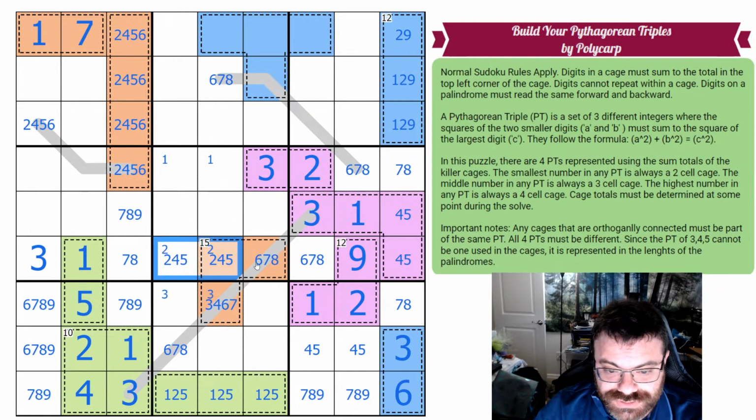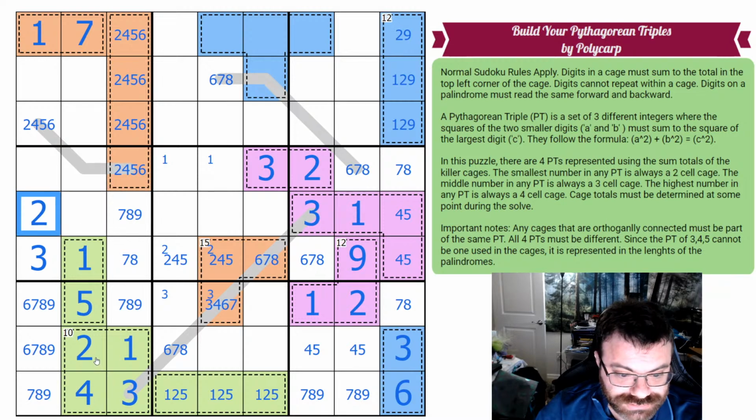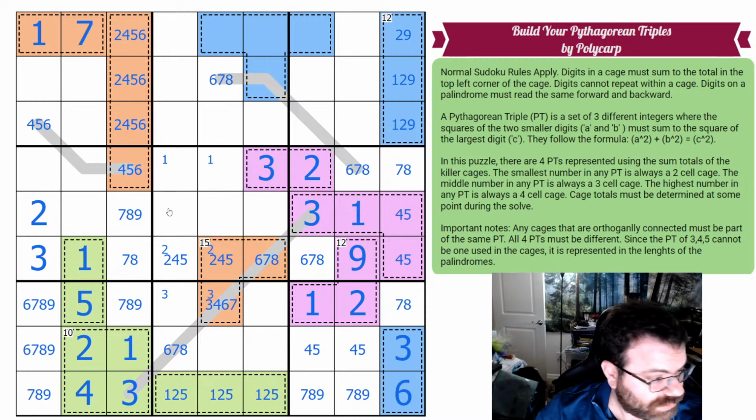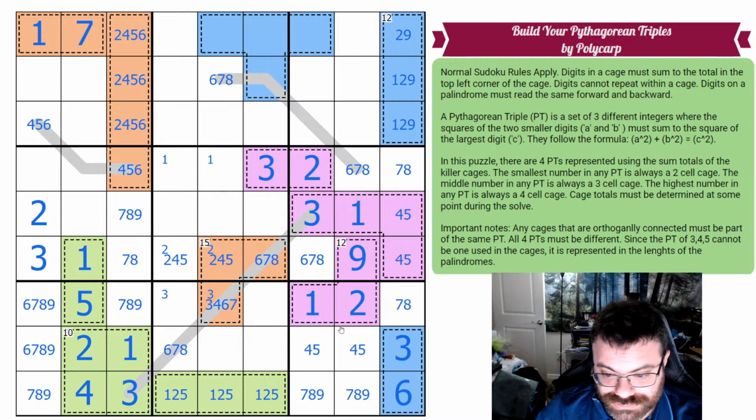So 2's in one of these two. And one of... Oh, actually we can place a 2 in this box now. It goes here. So this is not 2. Never was. What else do we have?